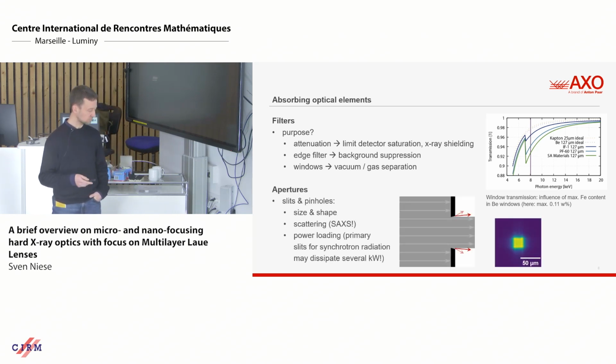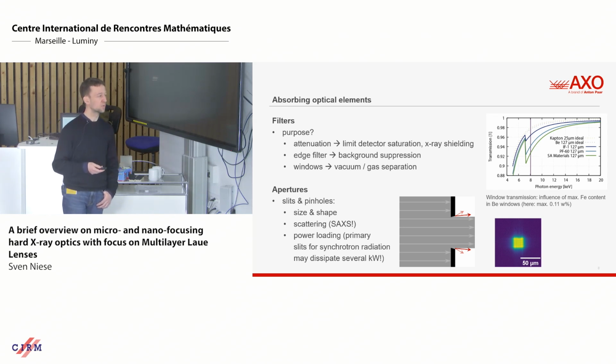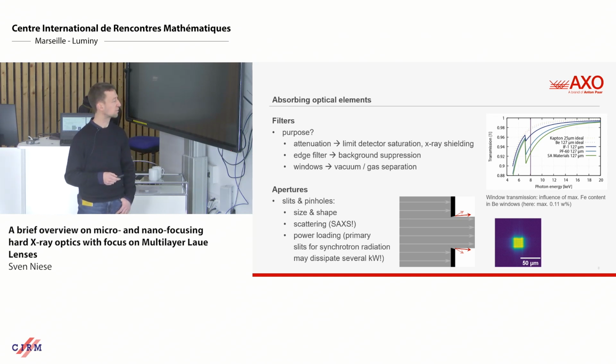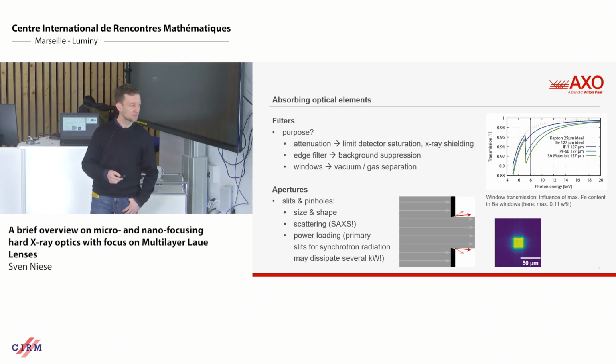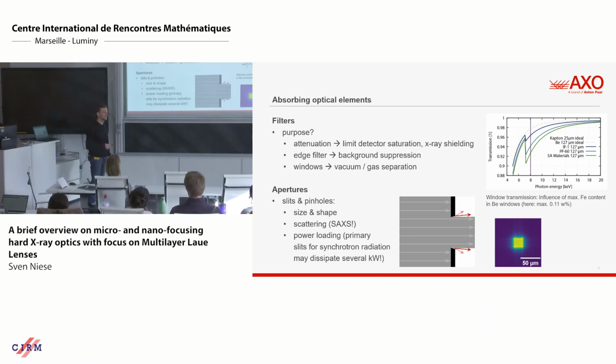Apertures, slits, pinholes: usually the size and shape is of interest there. For our lenses we need apertures with a size of roughly 20 microns. Sometimes we want to operate at 15, 20 kV and above, and then it's tricky to find such small apertures that still attenuate well.